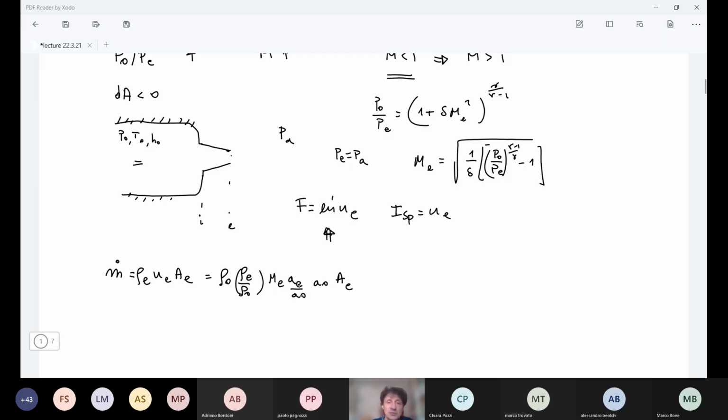So actually we can write here rho e over rho 0 is Pe over P0 to 1 over gamma, and Ae over A0 is Pe over P0.